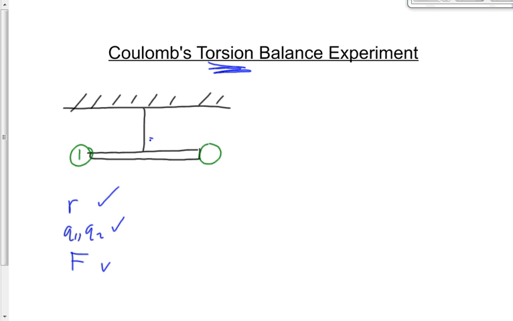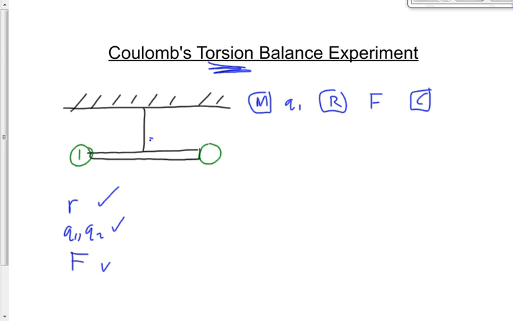Now he performs 3 basic experiments. In the first experiment, he's going to manipulate the value of Q1. The responding variable will be the force. So he's going to see how the force of attraction or repulsion responds to the value of Q1. The control variables, what do we got to keep the same here?